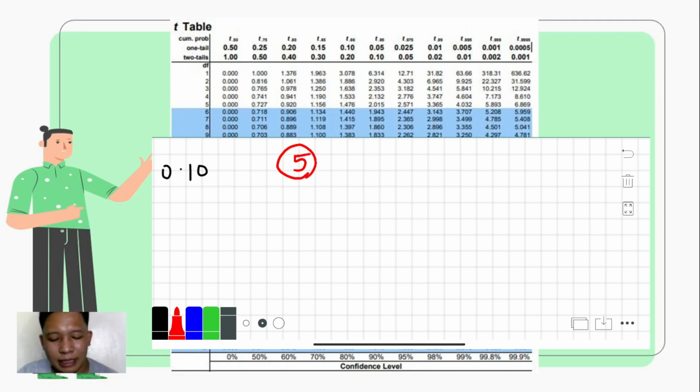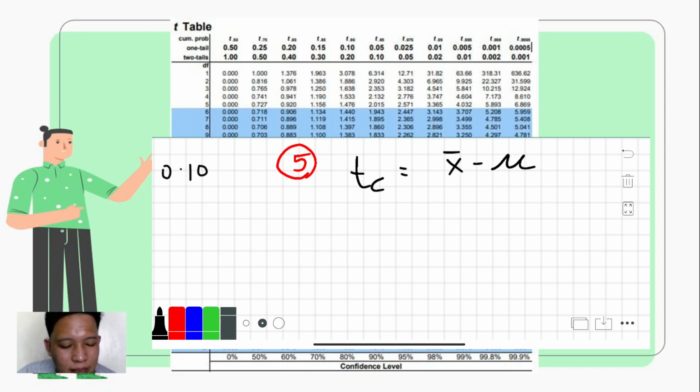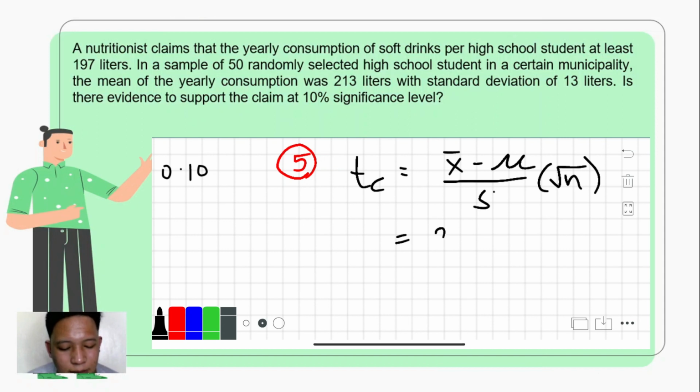So computing our test statistic, we have T sub C is equal to our sample mean minus our population mean over our sample standard deviation multiplied by the square root of n. Okay? So according to the problem, the sample mean is 213 minus 197 over sample standard deviation, that's 13 multiplied by the square root of 50.